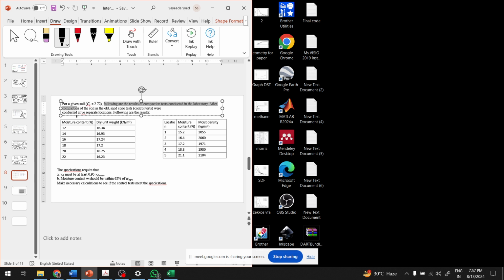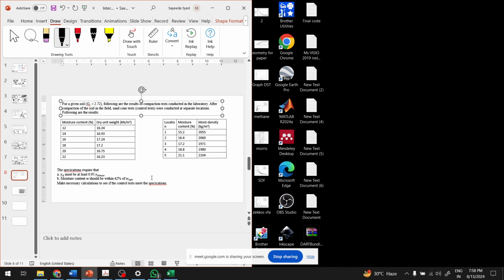These are the tests from the lab. After compaction of soil in the field, sand cone tests were conducted at separate locations. Sand cone tests are conducted to determine in situ density.